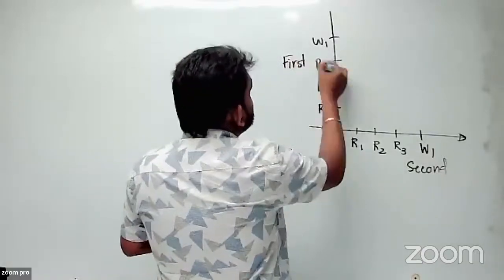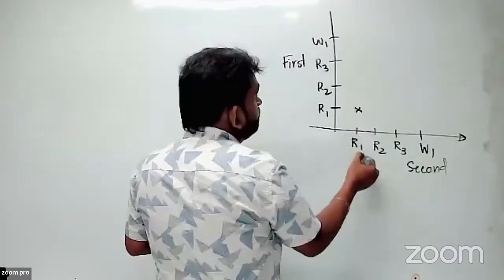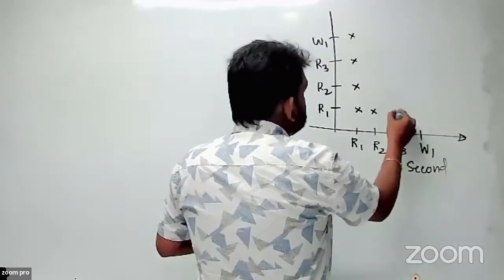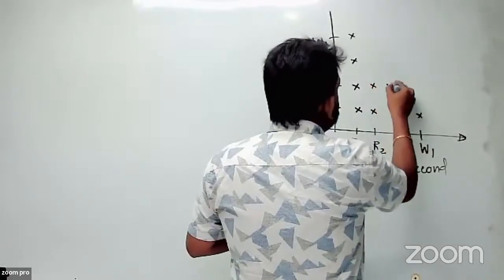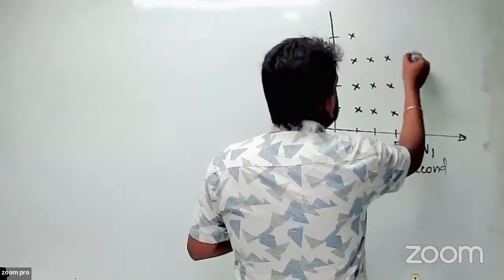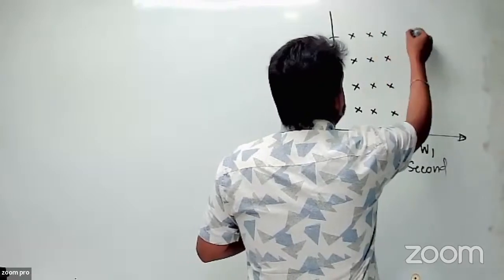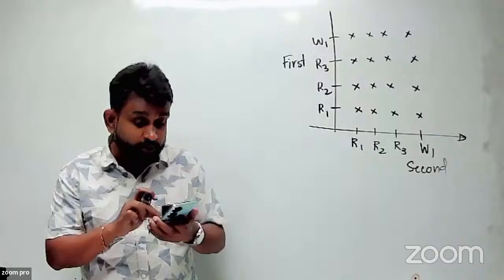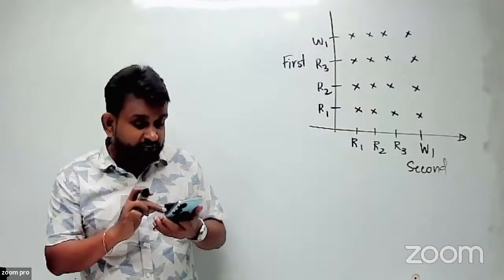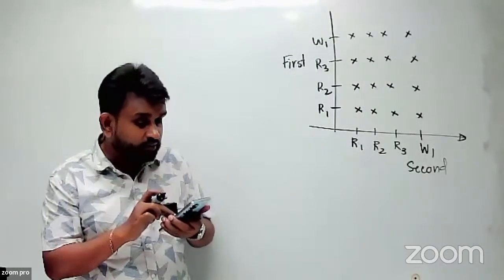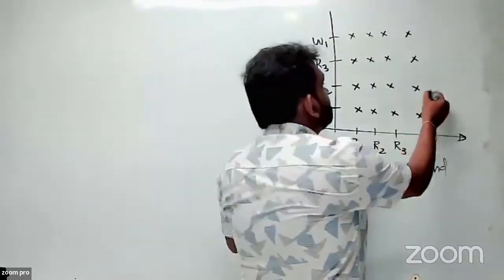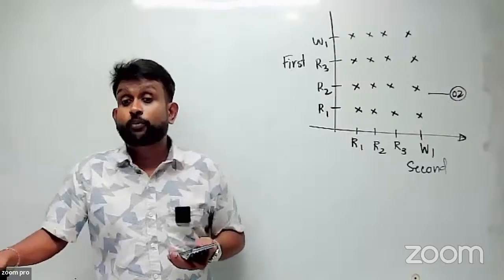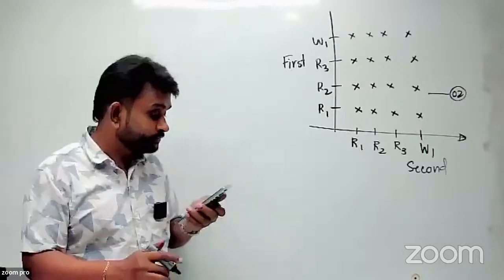If R1 is taken at the first instance, it is available for the second as well. So it is available for both cases, R1, R1, R2, R2. Marking all the outcomes, you have 2 marks, because all the events are possible for the second row.